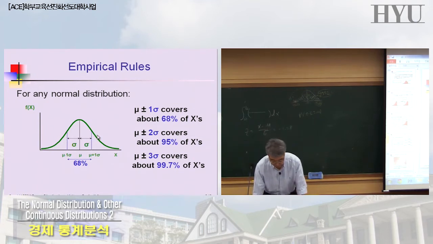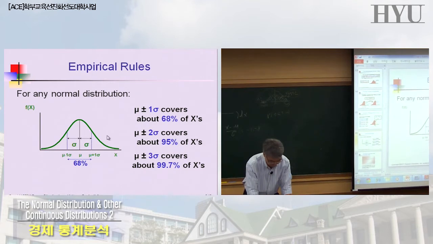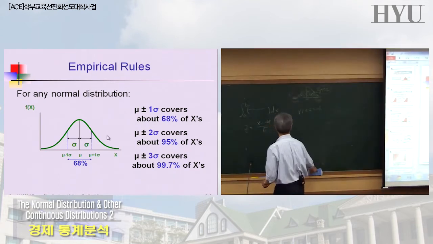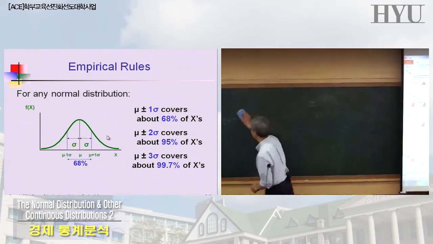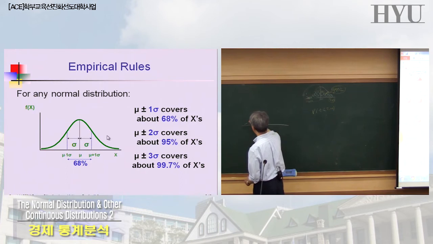Okay? If you go one more standard deviation, two standard deviations to the right and to the left, then there's a two standard deviation area. So from the center, we have one standard deviation.